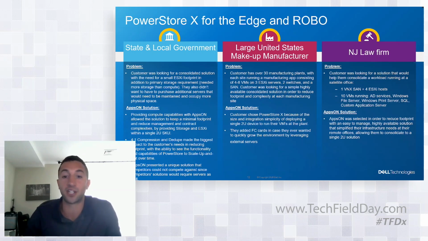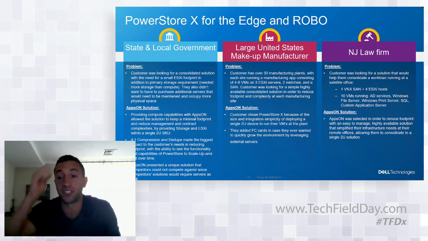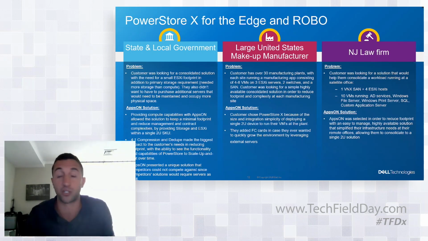AppsON gives them the ability to consolidate into a single 2U platform with shared storage, rich data services that the PowerStore OS provides, and active HA capabilities, all while allowing them to protect their existing investments, because again, it also acts as a traditional SAN.